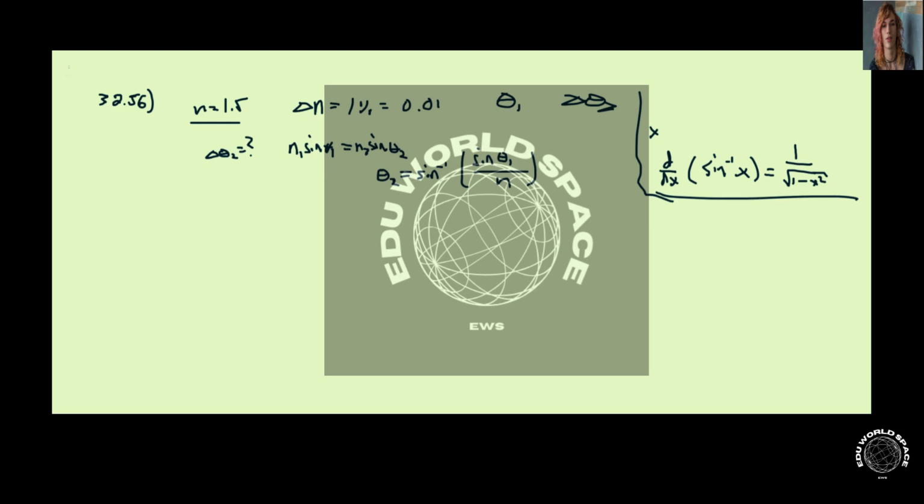So now we're trying to find the change in theta 2 from the change in index of refraction. So we can approximate the change in theta 2 over the change in n as the derivative with respect to n of this function we have here of theta 2. Okay, so with this approximation, we can now take the derivative of this function.